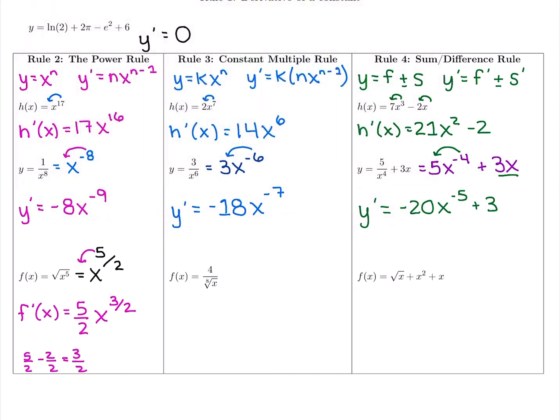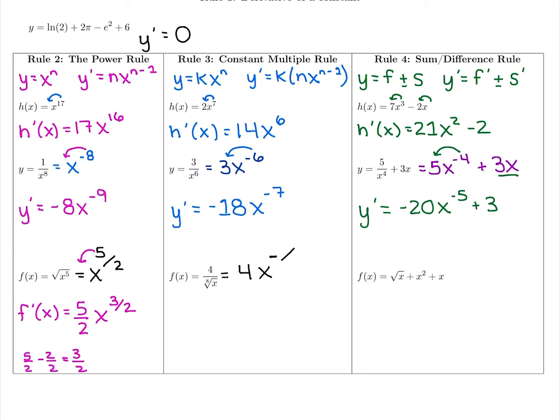Same concept with the next one. We have 4 over x, the 8th root of x, which is really as hard as it could get with having to rewrite with algebra. We have a couple things going on. We want to pull x out of the denominator first of all, so we're going to have to make it a negative exponent. And then we also have it under a root. It's under the 8th root, which means it's going to rewrite to be a fraction.